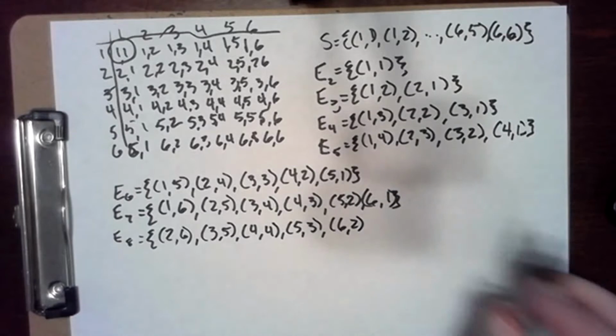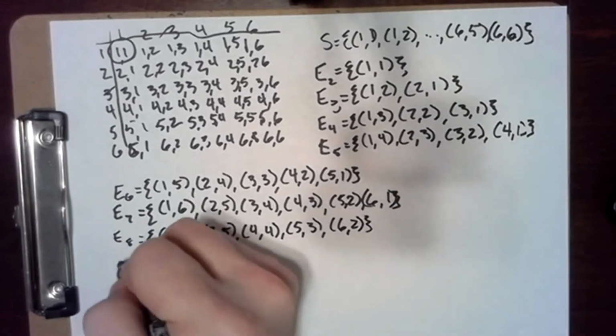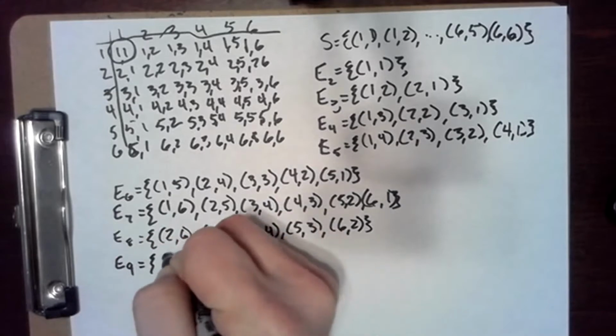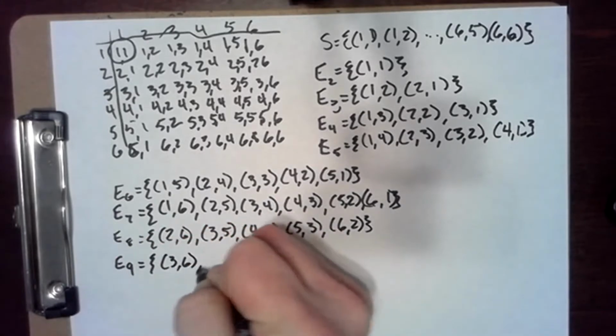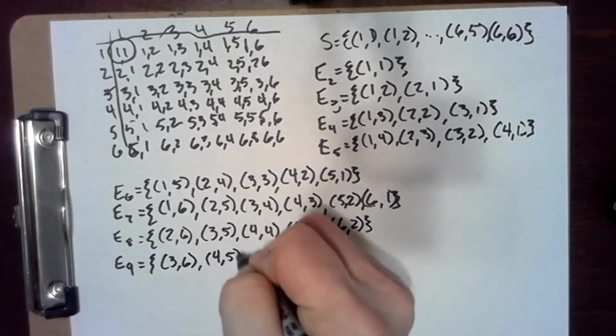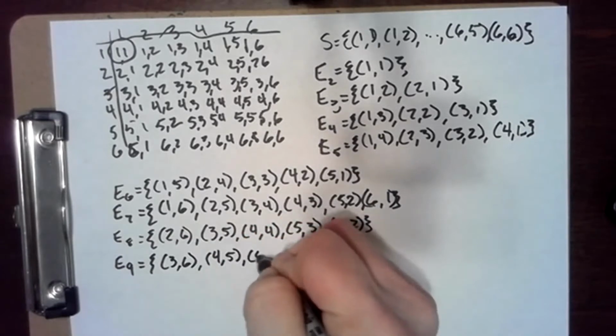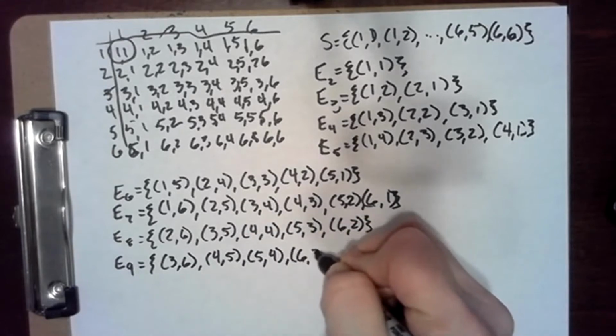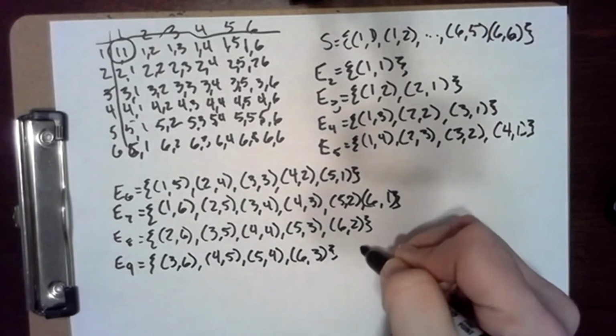And now we've used all the possible things that can have a 2 in them. E9 is going to be the set with (3,6), (4,5), (5,4), (6,3). We've used up our threes now.